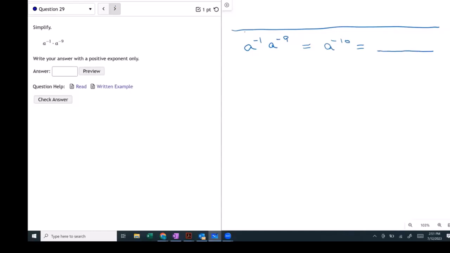And you put the a to the -10 at the bottom to make it positive, and then just put a 1. Or I could do it by saying I have a to the -1, because this is on the numerator, so that's got to go to the denominator. Same here. Has to be something in the numerator.